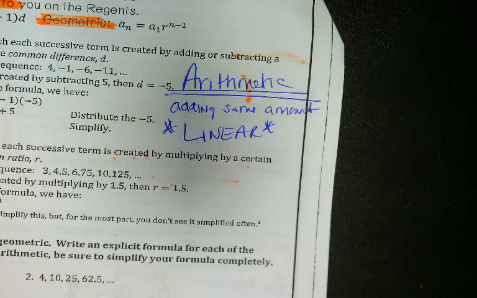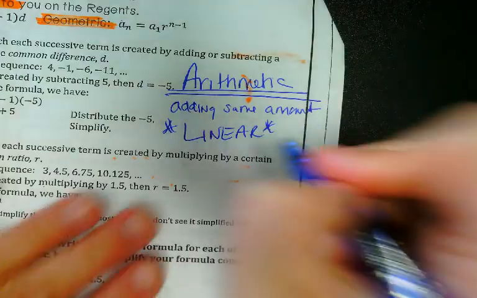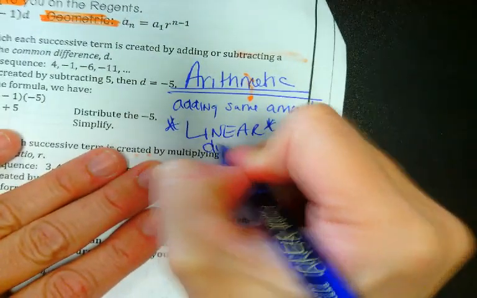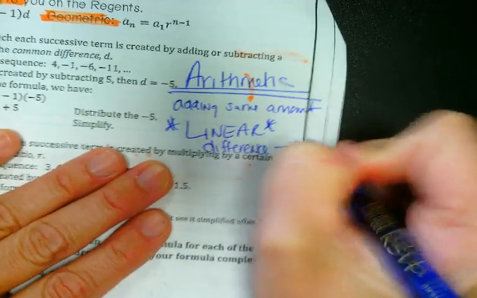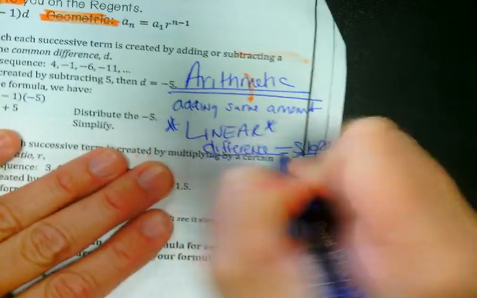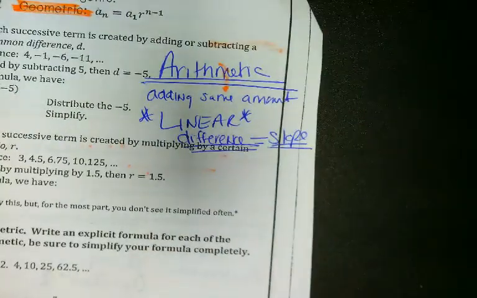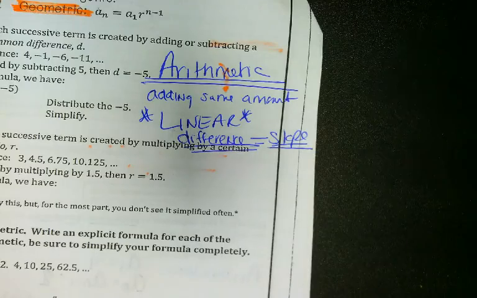Every arithmetic sequence will look like a line because you're adding the same amount, meaning the slopes are always the same. So what you really want to understand is that the difference that you find is the slope of the line. That's the key in these. The difference is the slope. So it's just y2 minus y1 over x2 minus x1. In a linear function, the difference is the slope.